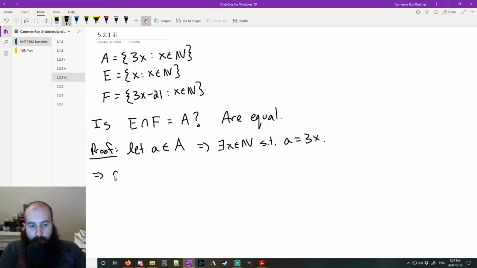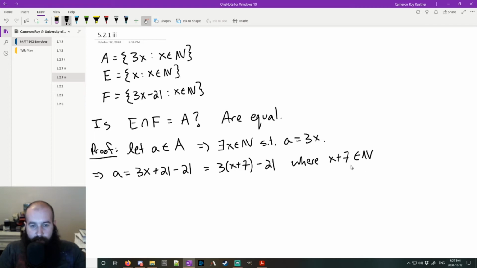And what we can do is we can write that A is 3 times x plus 21 minus 21, which is equal to 3 times x plus 7 minus 21, where x plus 7 is natural by closure of addition. So A is 3 times a natural number minus 21. This means that A is in F.